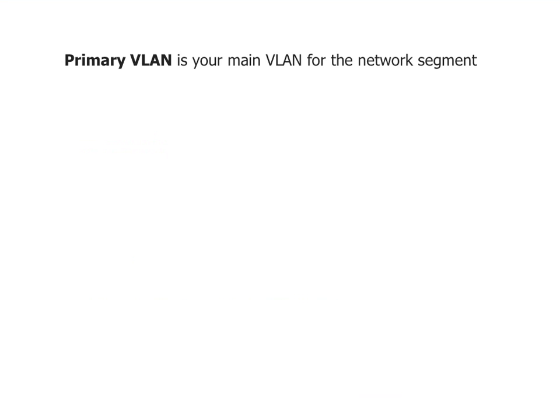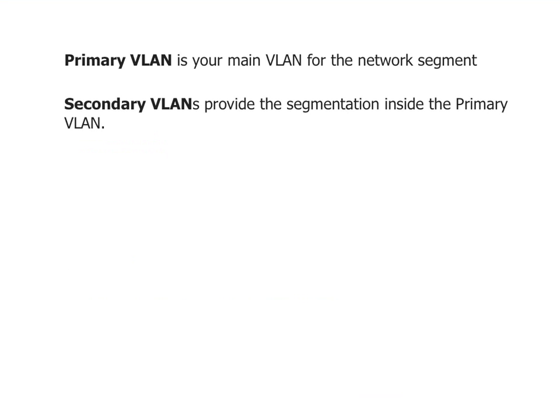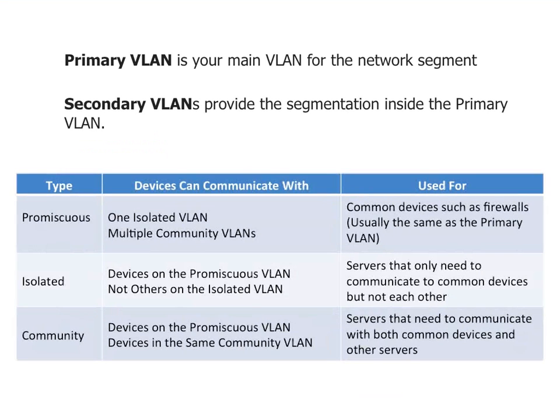So primary VLAN is your main for the network segment. Secondary VLANs provide the segmentation inside. And here's a little chart. So promiscuous can communicate with one isolated, multiple communities used for common devices. Isolated, they only can communicate with things on the promiscuous VLAN. Nothing else, not even other things in the isolated.